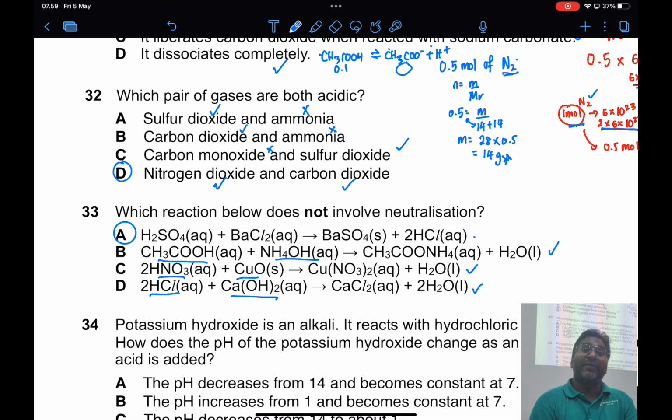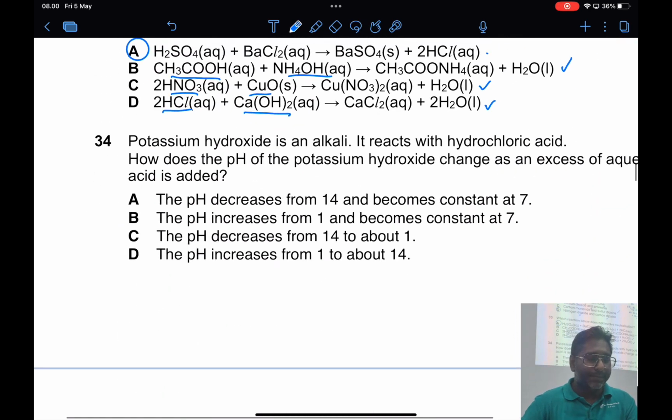So the exact definition is, even though we don't focus on salt, as long as they give you water, it is going to be a neutralization reaction. Acid plus base to give you water, or any acid reaction that gives you water, is a neutralization reaction.